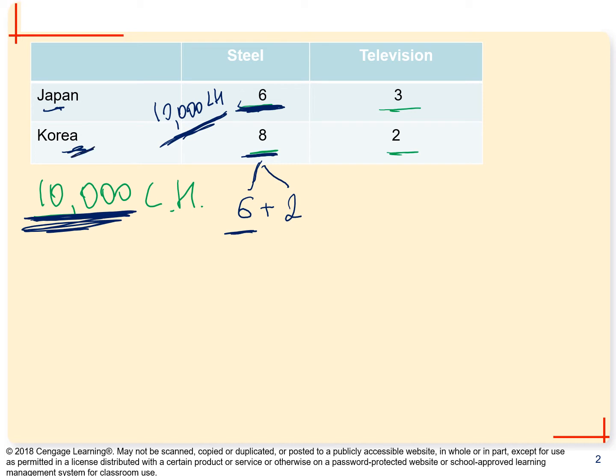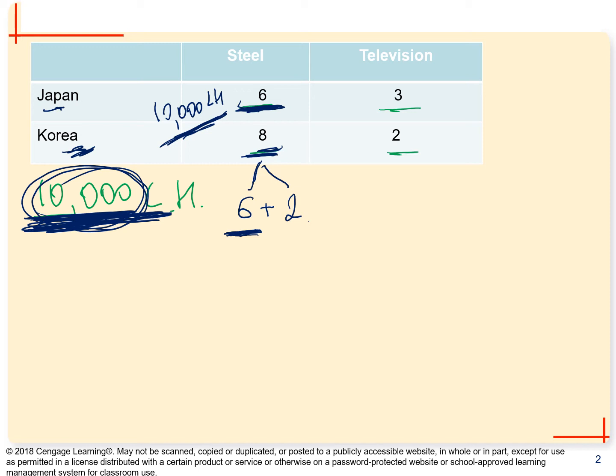When Korea produced 6 units of steel, is Korea going to use all available resources, all 10,000 labor hours? And the answer is no, because Korea is going to use fewer labor hours on production of 6 units of steel, because Korea in 10,000 labor hours produces 8 units of steel altogether.